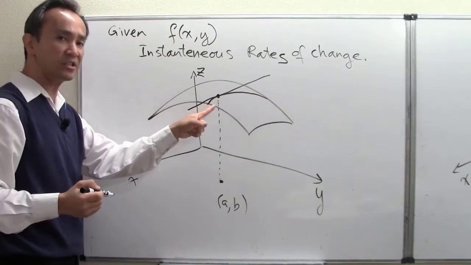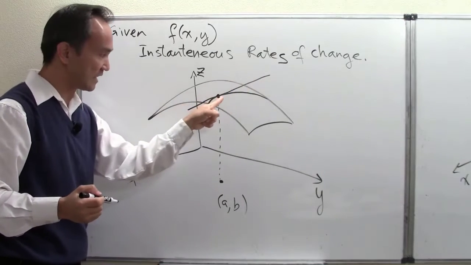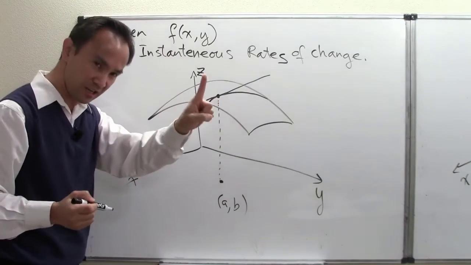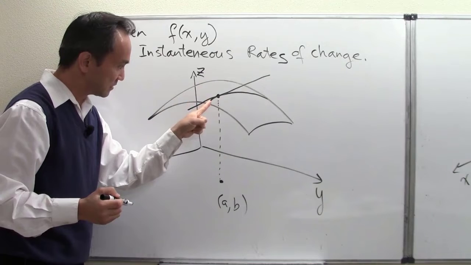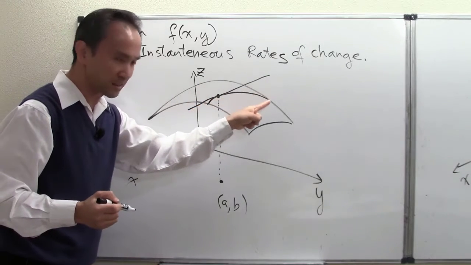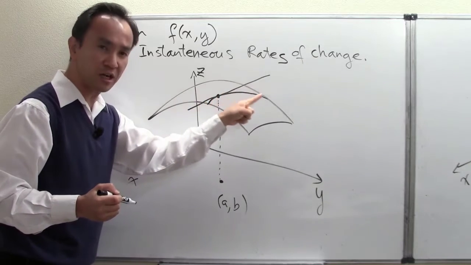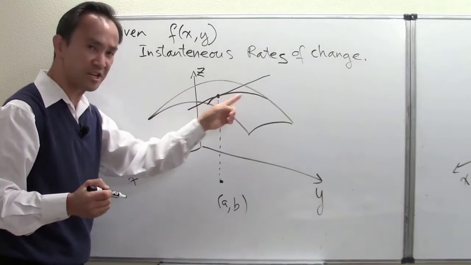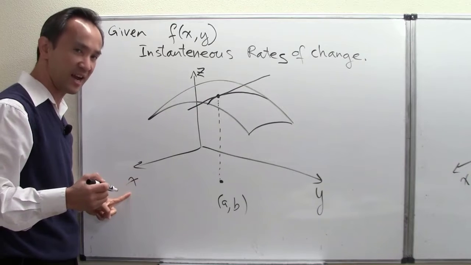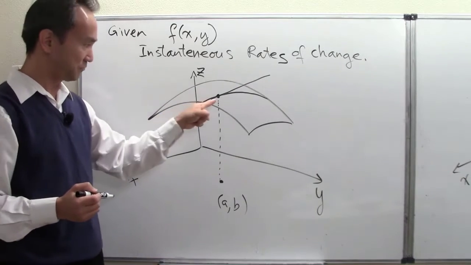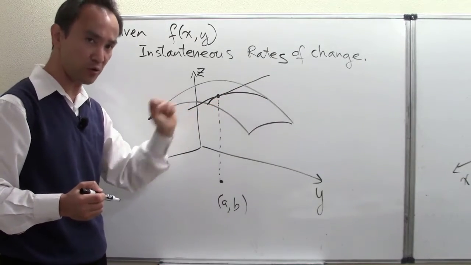Now, ladies and gentlemen, take my explanation closely: this tangent line is only along the tracing curve parallel with the x-axis. And the tracing curve goes through that point, of course.